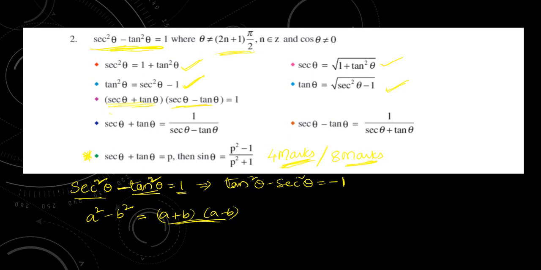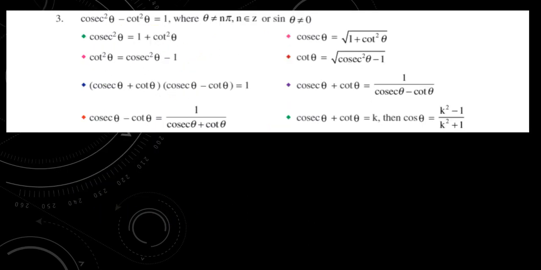Just as we have the second identity, the same way we are going to have the third identity, right? The third identity is cosecant squared theta minus cot squared theta is equal to 1. Already we know cosecant is not defined for 0 degrees, cot is also not defined for 0 degrees.